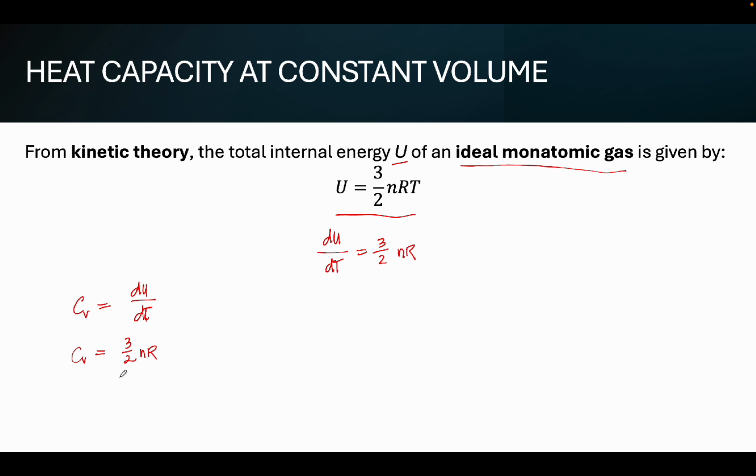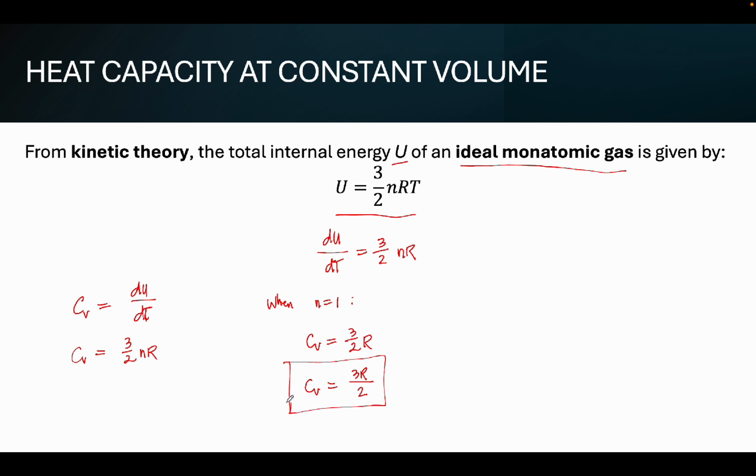Now, for 1 mole of gas, n is equal to 1. So when n is equal to 1, we substitute n equals 1 in our formula. So CV is equal to 3 over 2 R, or CV is equal to 3R over 2. Okay, so we get it.